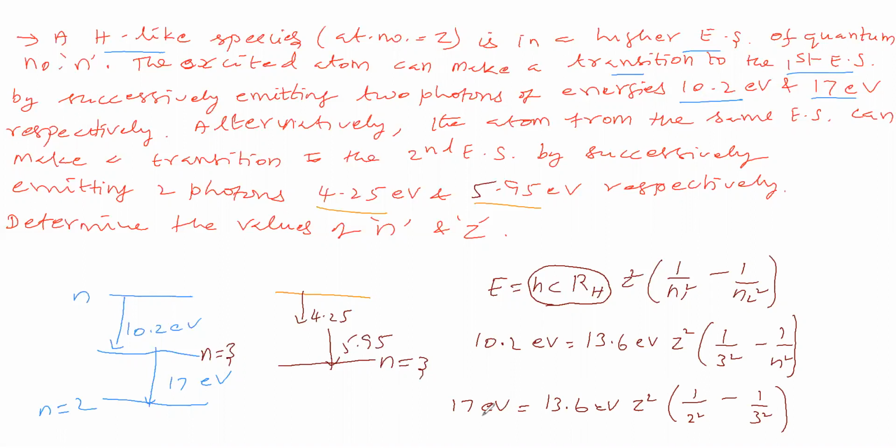By simplifying this we can get atomic number Z, which is 3. Substitute this atomic number here and we will get the n value. N is equal to 6. By substituting Z here we got n as 6.